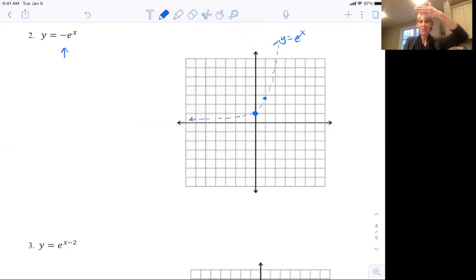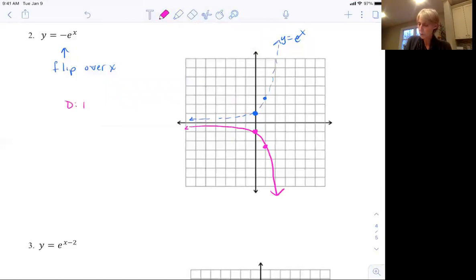I'm negating the function, negating e to the x, flip over the x-axis. So I'm going to take my curve and I'm just going to move it and reflect it. So my curve will go down like that.